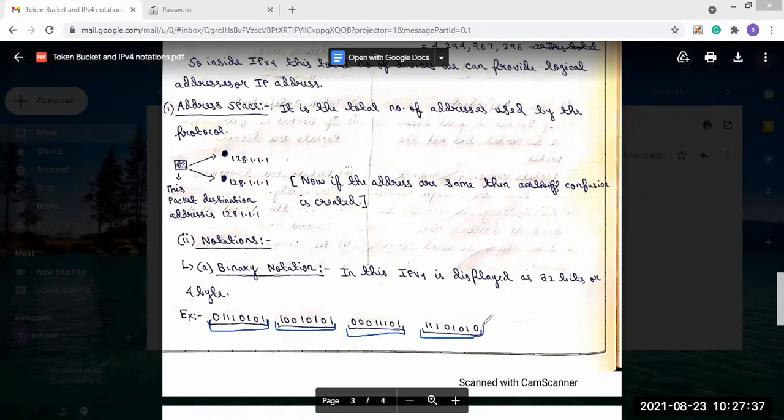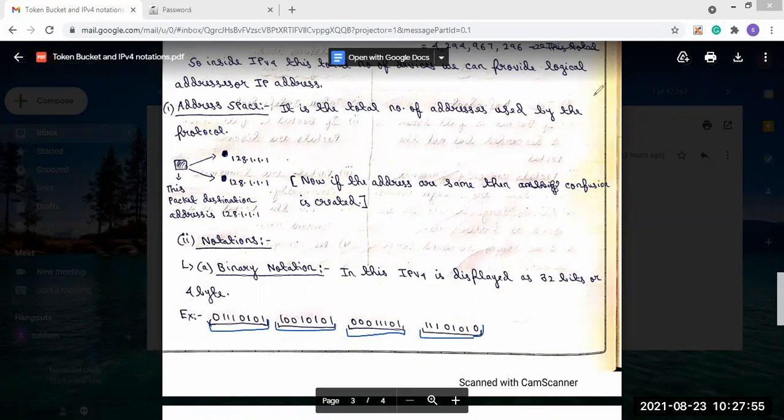So this is the concept of binary notation. In this, IPv4 is displayed as 32 bits or 4 bytes.